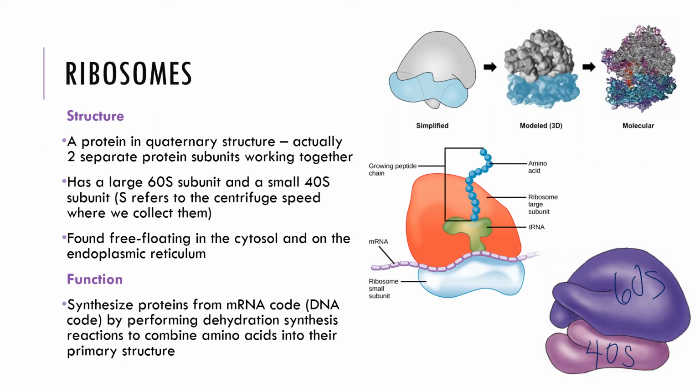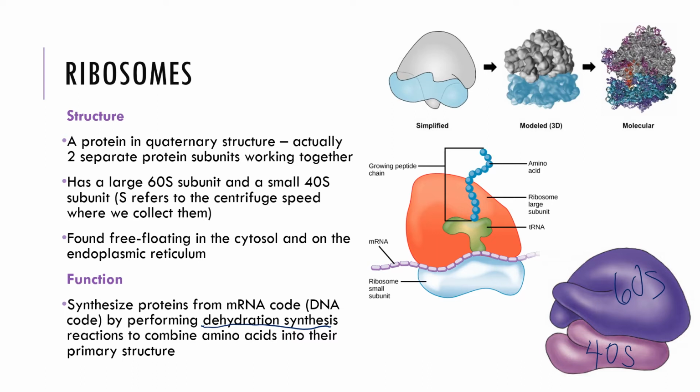Now, normally they're found free floating in the cytoplasm or cytosol, and they're found attached to the rough endoplasmic reticulum. Like I said before, their job is to make proteins from that DNA code. And they'll do this by doing a dehydration synthesis reaction.